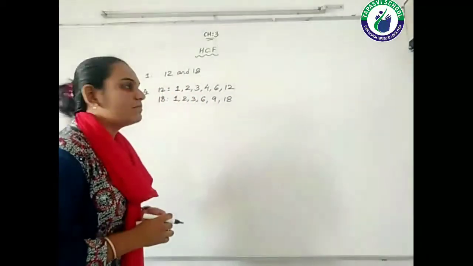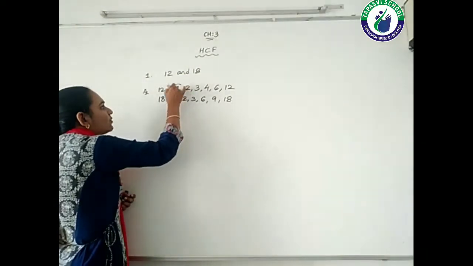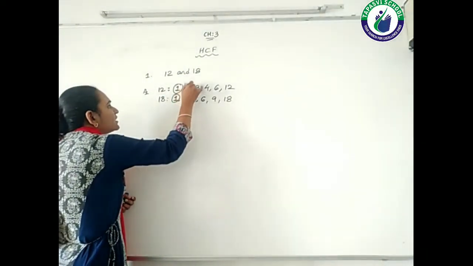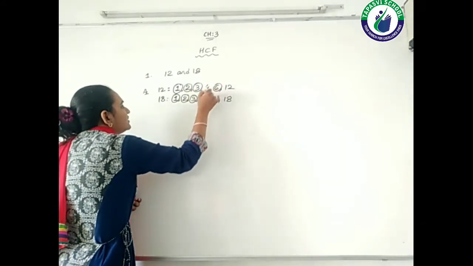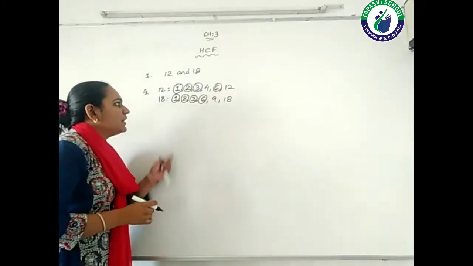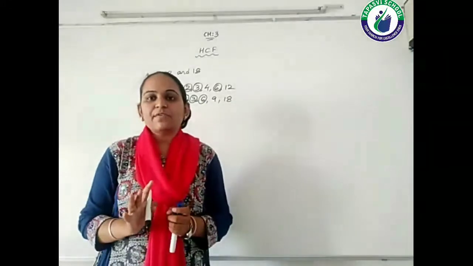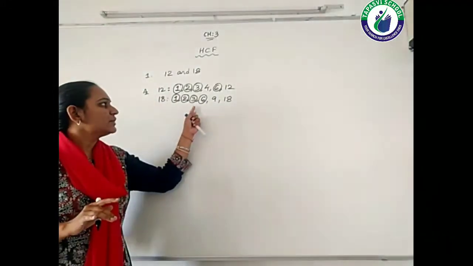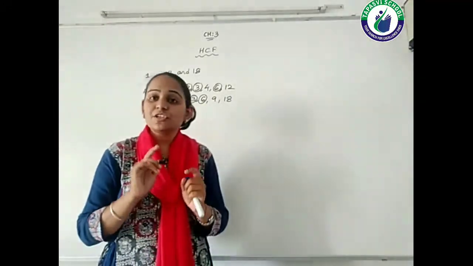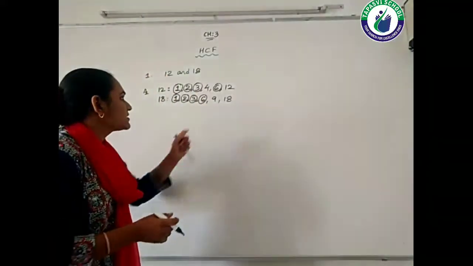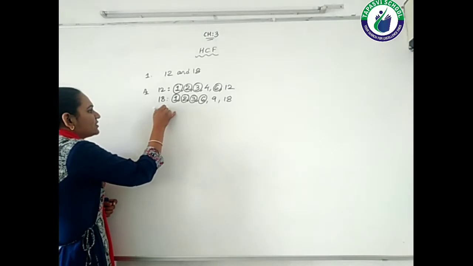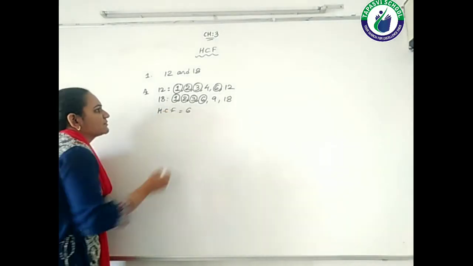So the common factors between these numbers are 1, then 2, then 3, then 6. There are a total of 4 common factors, that are 1, 2, 3 and 6. Out of these, the greatest, that means highest, is 6. So here we will write the answer of HCF as 6, right?